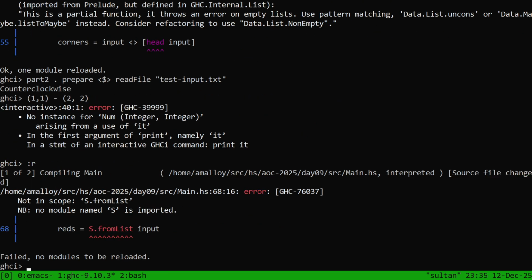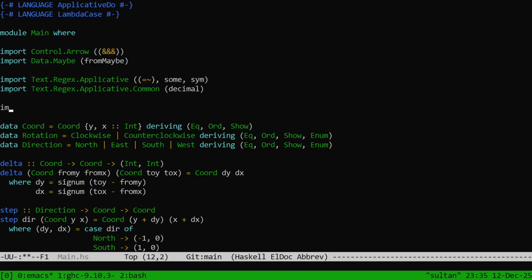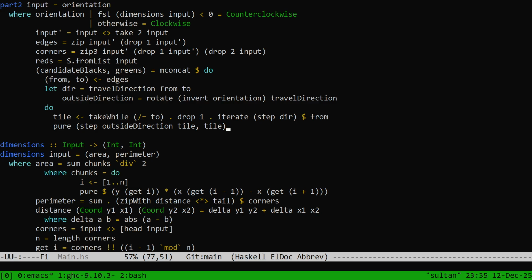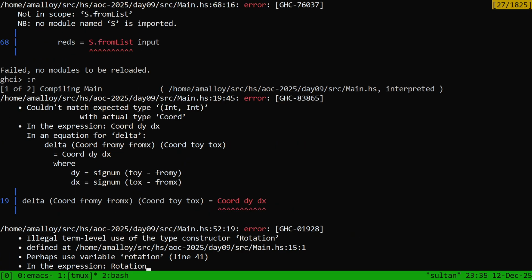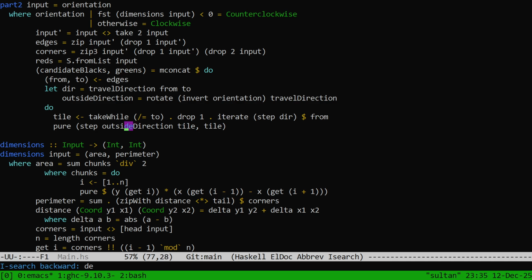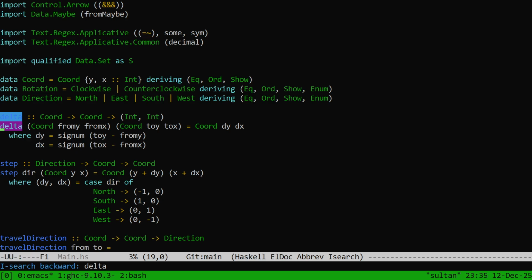I assume it doesn't compile at all. I haven't even imported sets yet today. Okay. A million things wrong. An equation for delta, huh? Oh, this was supposed to return.